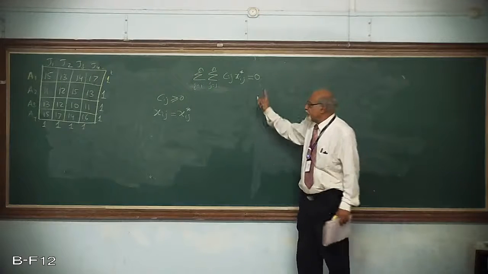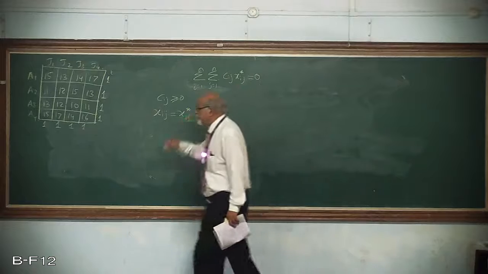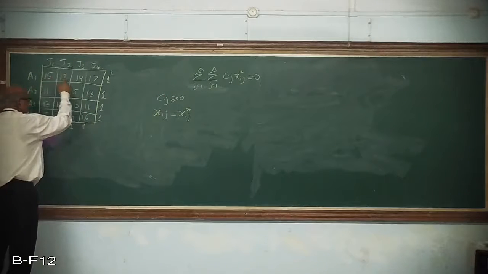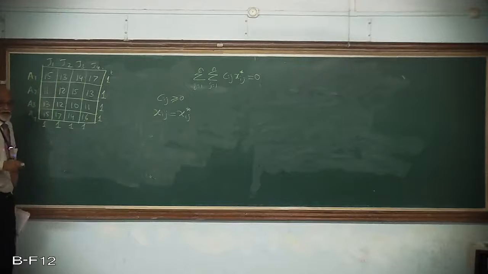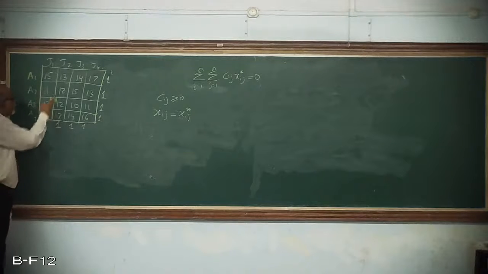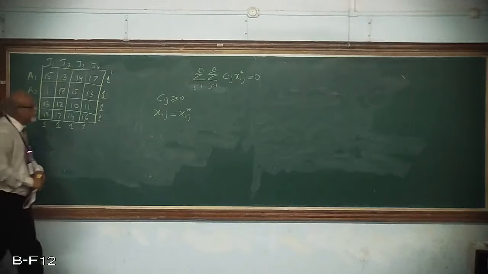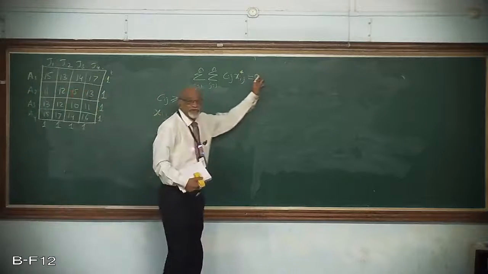Totally, if I multiply, what in essence I am trying to do here is create more zeros in the Cij's, so that if I go on adding those things, the total is going to become 0. Only 0.